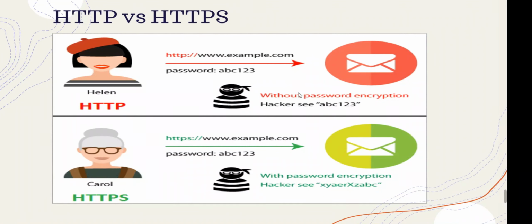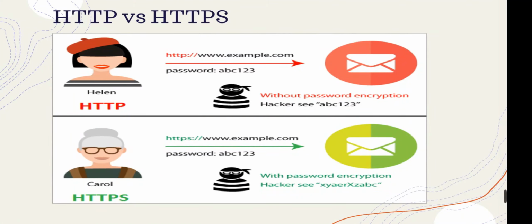Here it is abc123, so he can easily hack her mail IDs. But if it is Carol, he doesn't know the encryption method either. The request will go, and before he hacks the encrypted data, the hacker will not see those things. That's why we use HTTP and HTTPS.